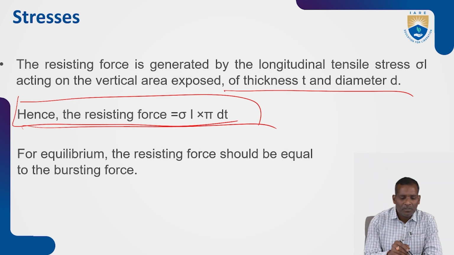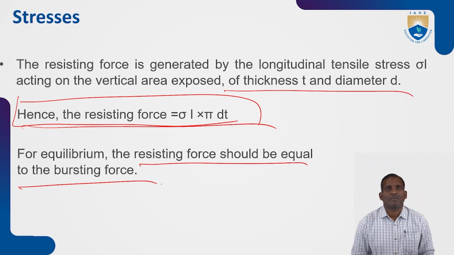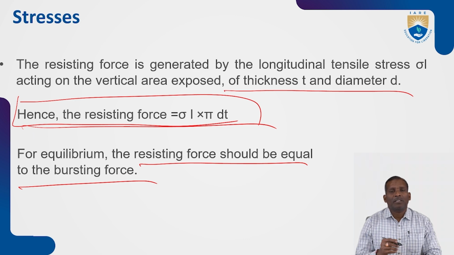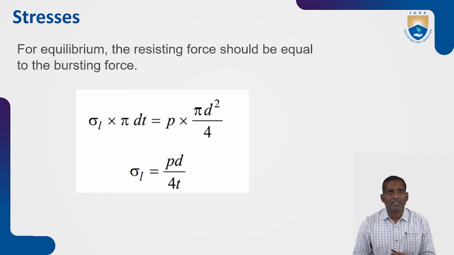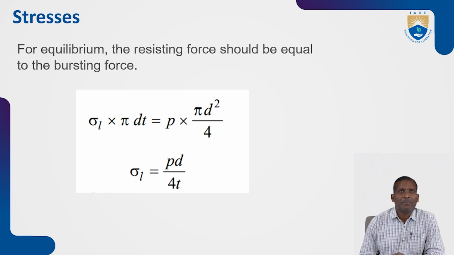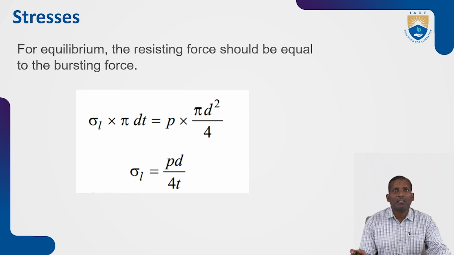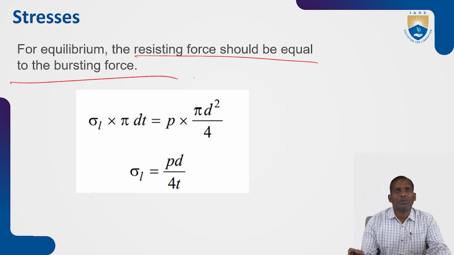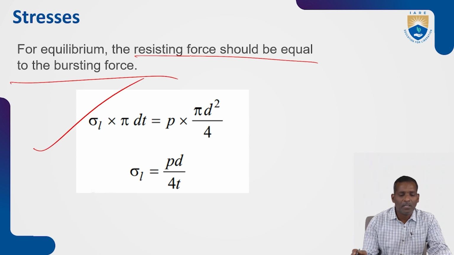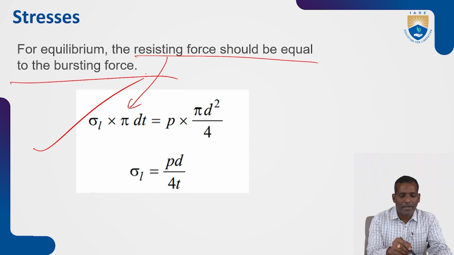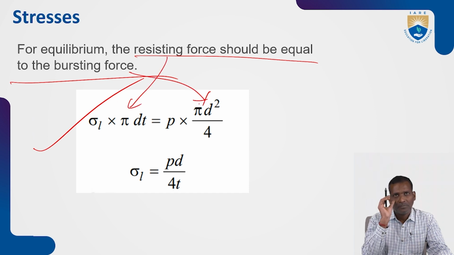For equilibrium, the resisting force should be equal to the bursting force. We already calculated the resisting force, and the bursting force equation is also written. So equating them: sigma L into pi d t equals P into pi d square by 4.